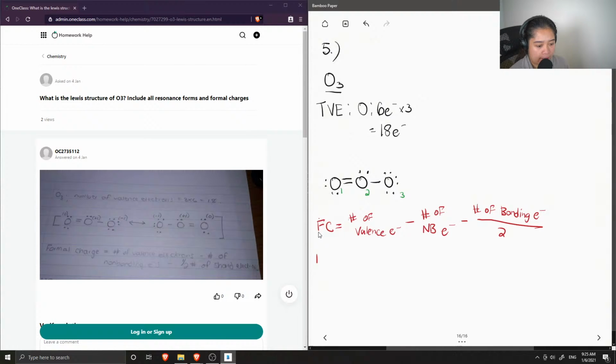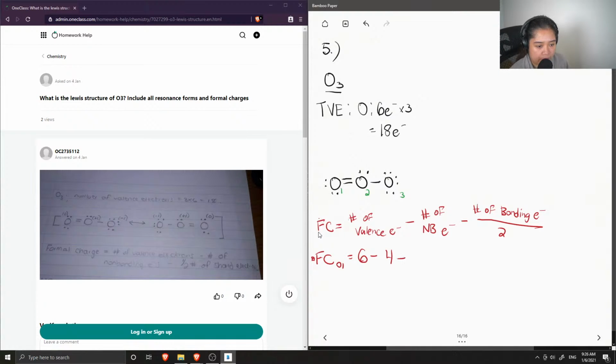So first let's calculate the formal charge of oxygen 1. So I'll just denote it as O1. So oxygen has 6 valence electrons, and the number of non-bonding electrons on oxygen 1 is 4.